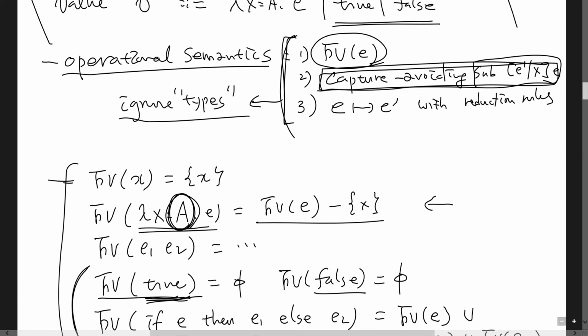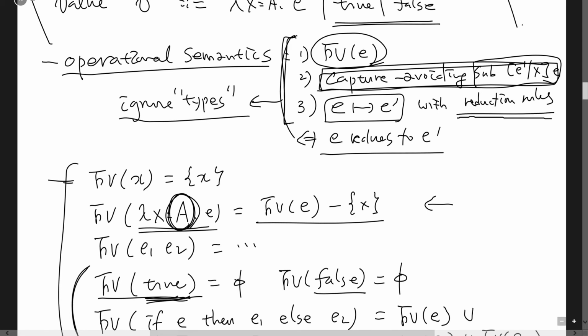Finally, let's introduce the reduction judgment. The meaning of this reduction judgment is the same as before. It says expression E reduces to expression E prime. And we have to provide the corresponding reduction rules.